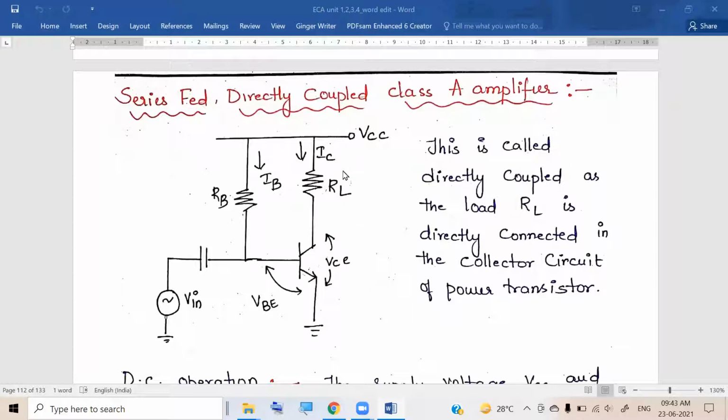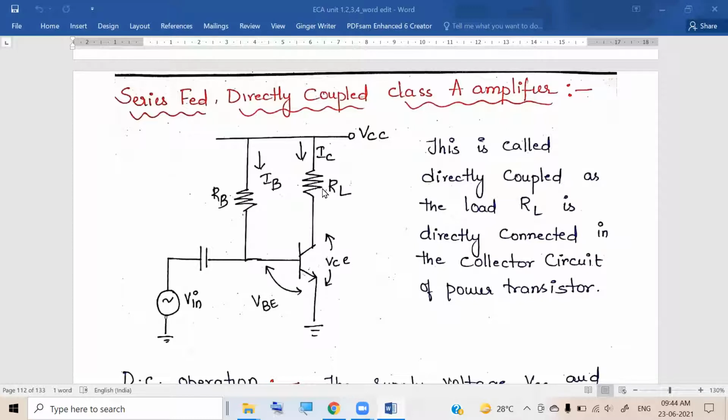Here, these components, we have RL, we have the transistor. These components, for AC and DC, especially this RL. The only difference was here we have RL, there we had a transformer. This resistance behaves the same for AC or DC.